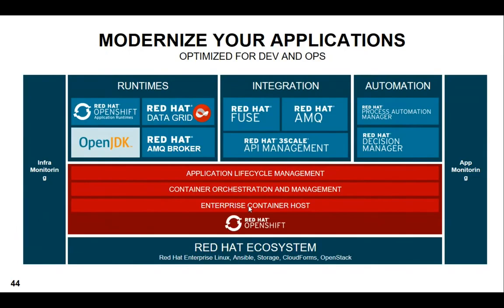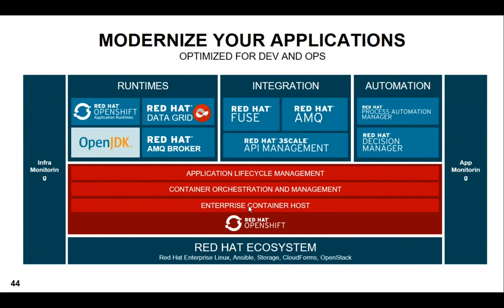What are the different middleware offerings that we have? Red Hat Runtimes, the Red Hat OpenShift, Red Hat Data Grid, the Red Hat AMQ Broker, Red Hat Fuse, Red Hat 3scale API management, the process automation manager, and decision manager.